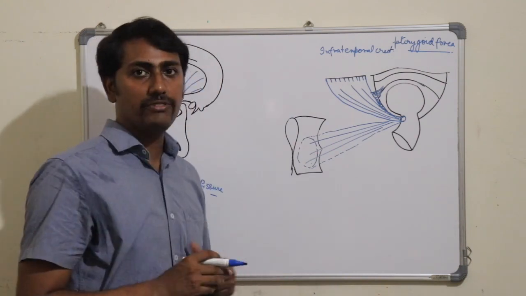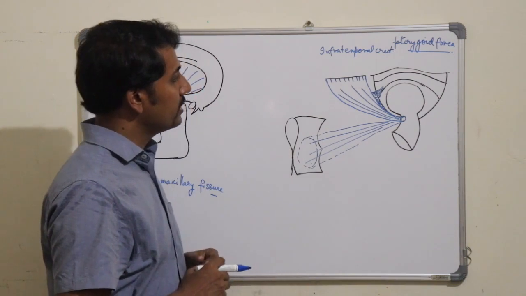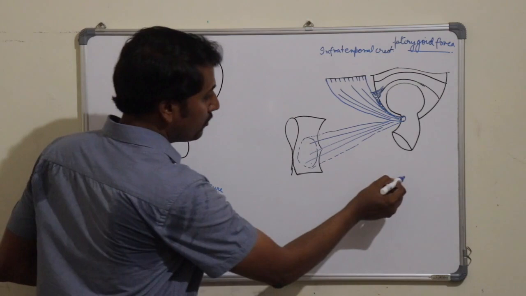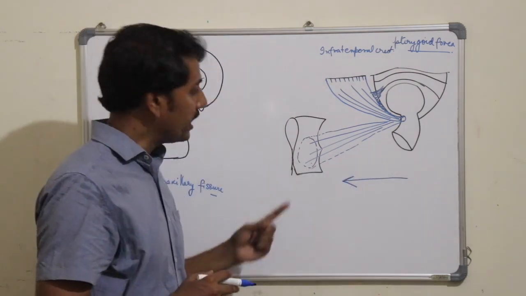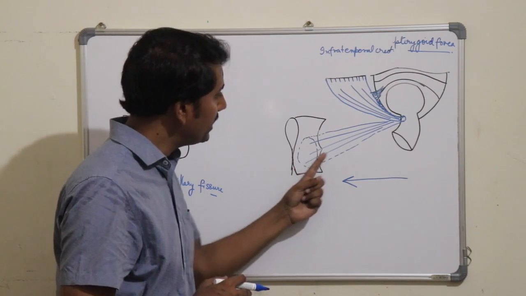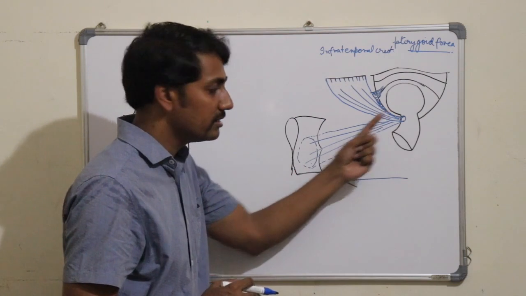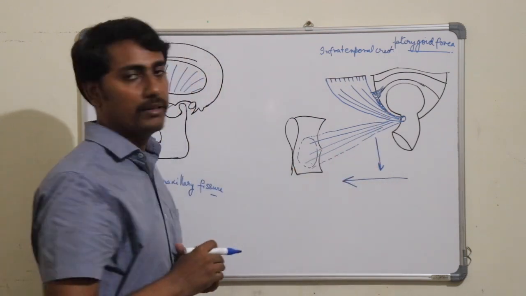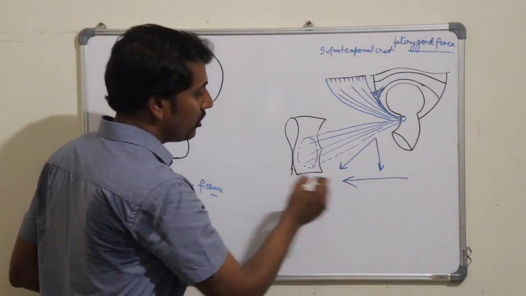Now the action of the lateral pterygoid muscle. From this diagram we can say that both the upper and the lower head will cause protrusion of the mandible. Also, due to the direction of the lower head, that is, it is going upwards and backwards, it will cause depression of the mandible, since the direction of the pull was downwards and forwards.